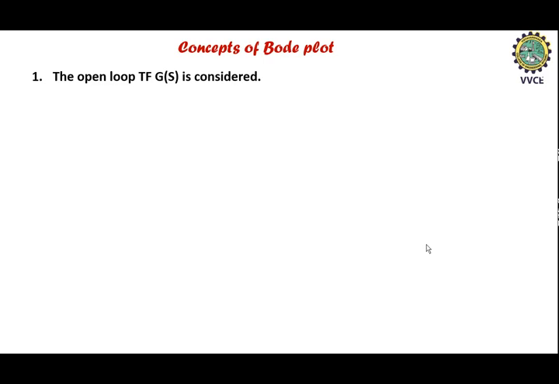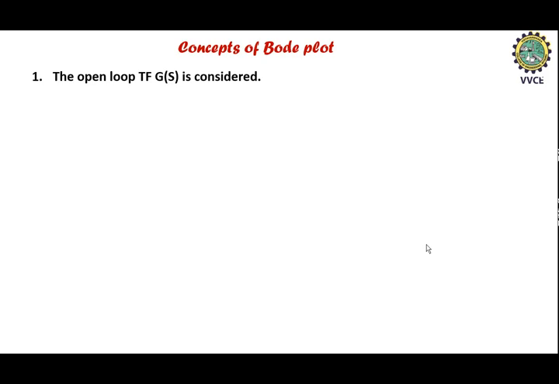And next, the concepts of the Bode plot. You need to understand some basics of the Bode plot before plotting it. The open loop transfer function G(s) is always considered before plotting the Bode plot.